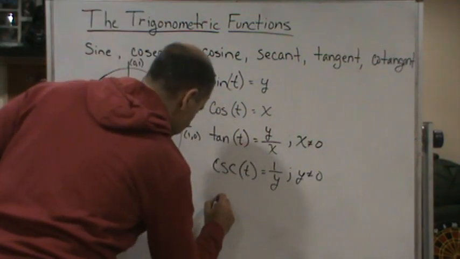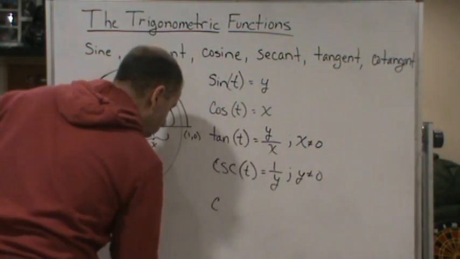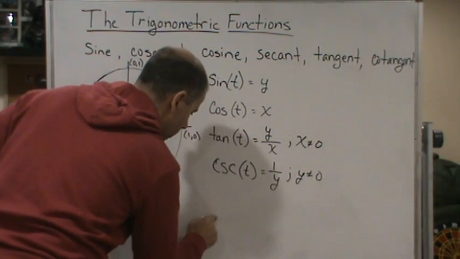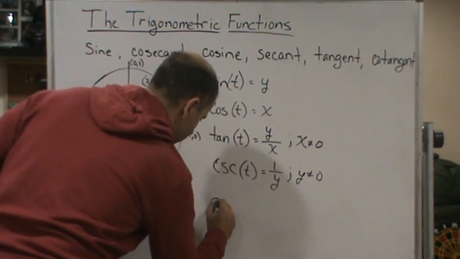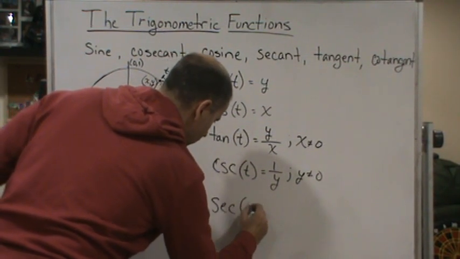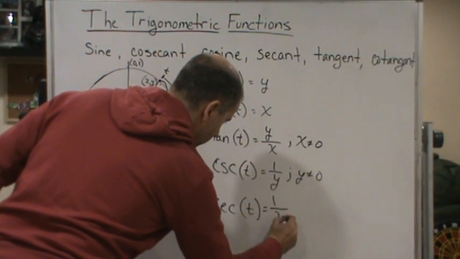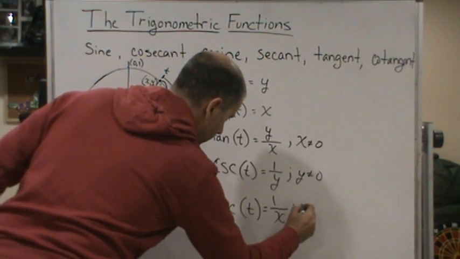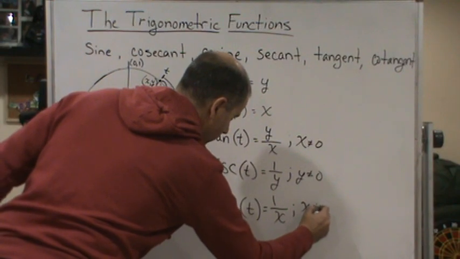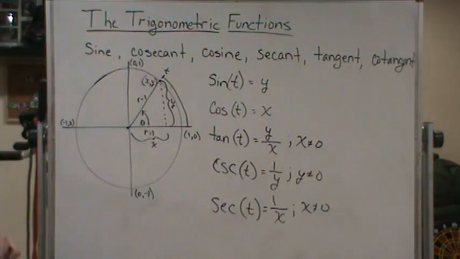Secant is 1 over x, where x cannot be equal to 0.